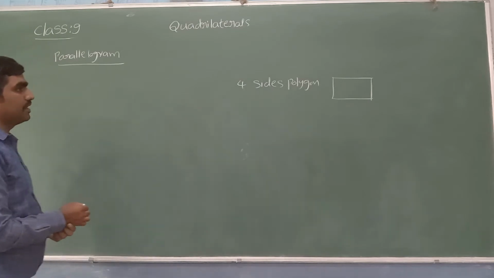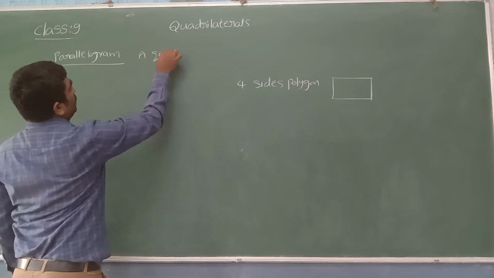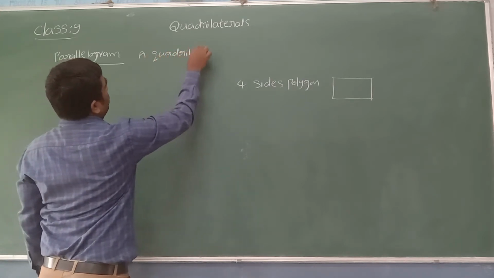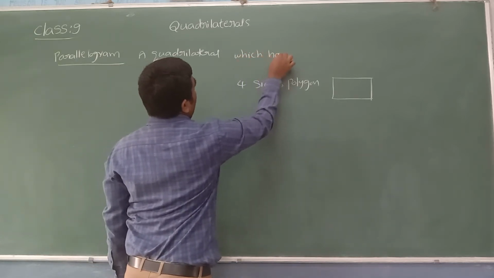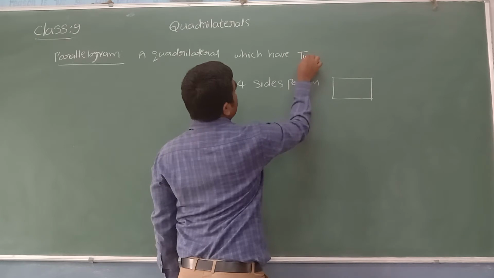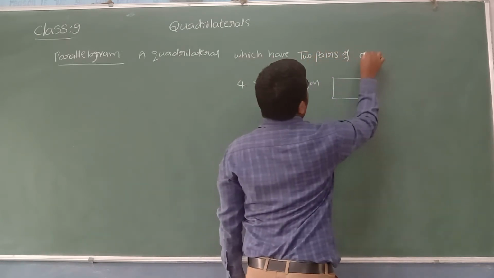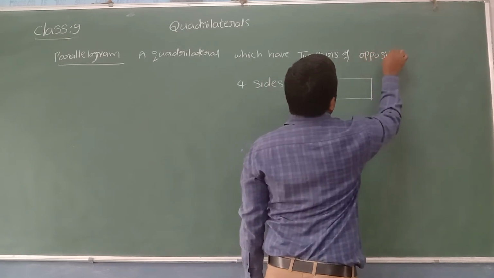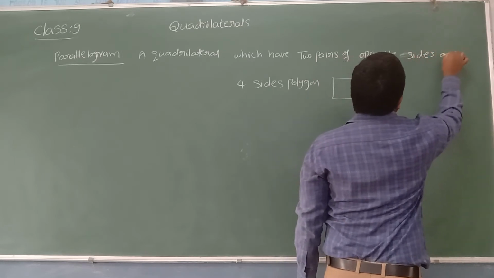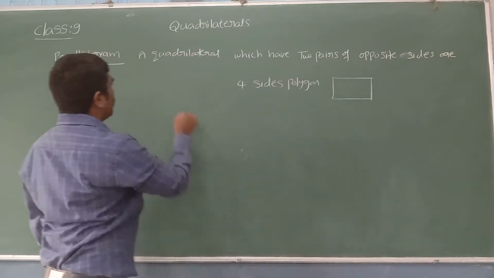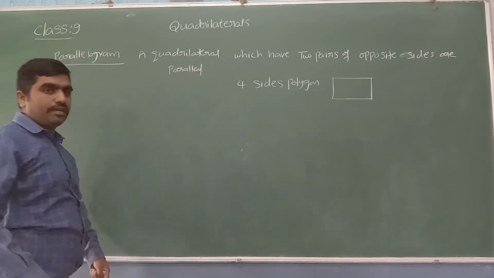A quadrilateral which has two pairs of opposite sides parallel, then we can say that it is a parallelogram.